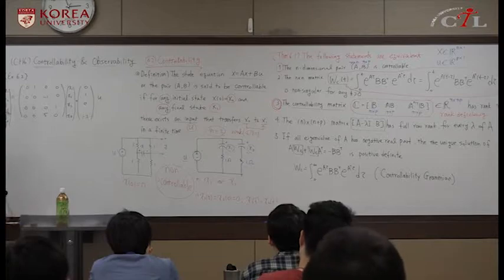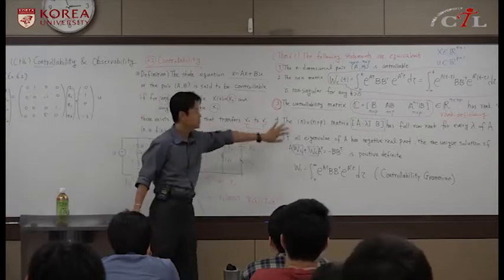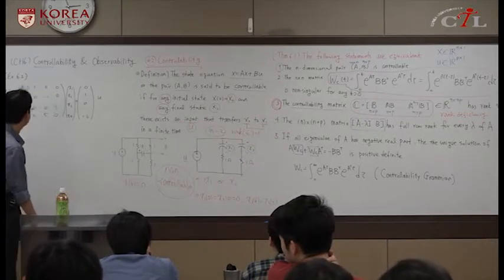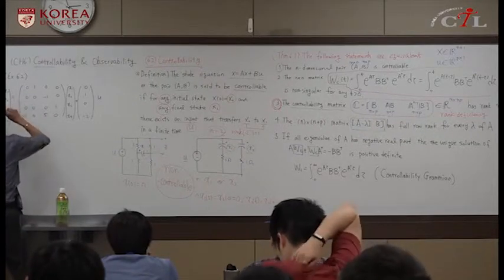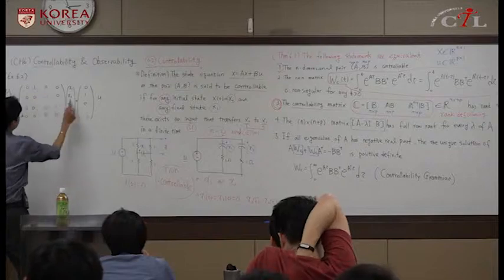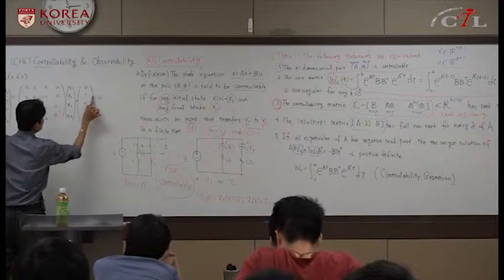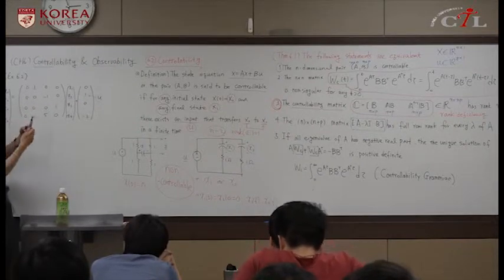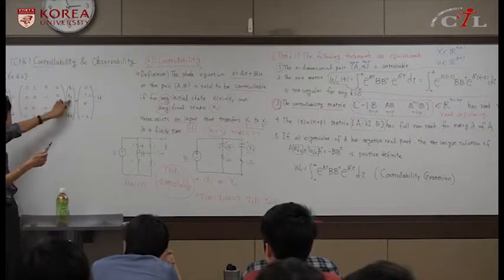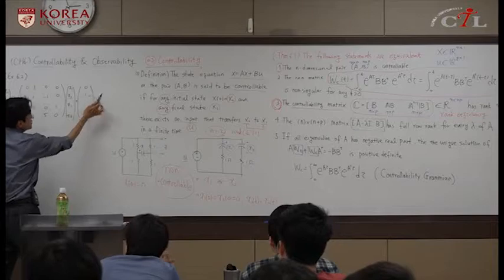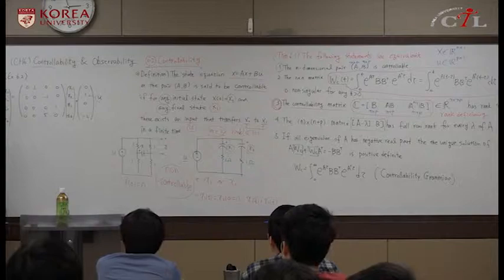In intuition, just intuition, if there are no tools like this, we may use our intuition that x1 is a function of x2, and x2 can be controlled, since the control input goes directly to x2, so we may adjust x2 in some way. So maybe x1 can also be controlled, because x1 is controlled by x2, and x2 is directly related to the control input. So it seems like x1 and x2 may be controllable.